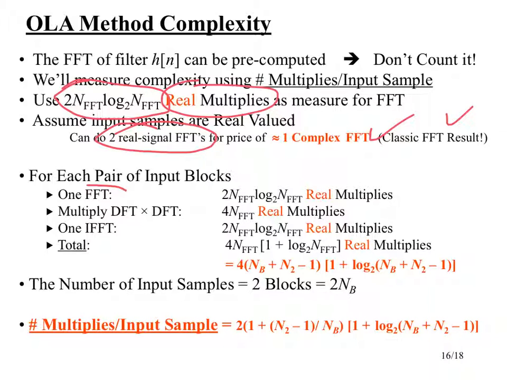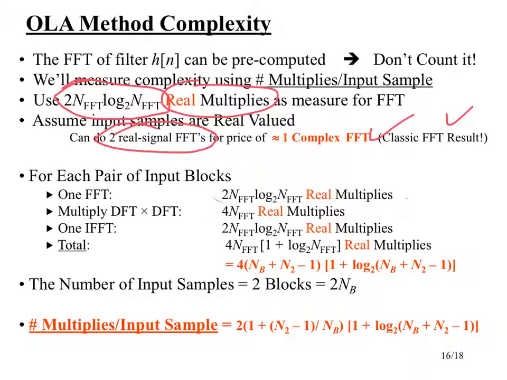So that would be a trade-off that someone could look at if they needed to. So for each pair of input blocks, we need to compute one FFT, and we've already said that'll take 2 NFFT times log 2 NFFT real multiplies. So that's computing the FFT of 2 input blocks.